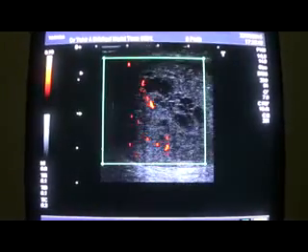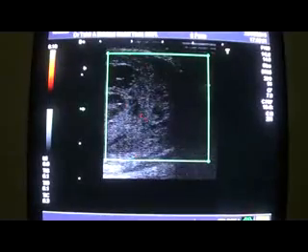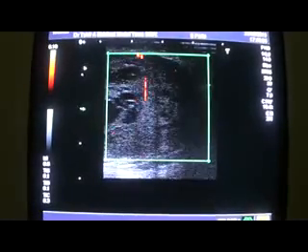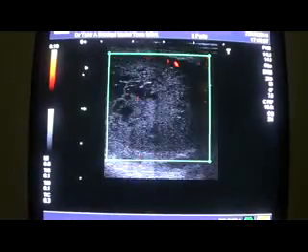Now see the blood flow. All of it is showing you.